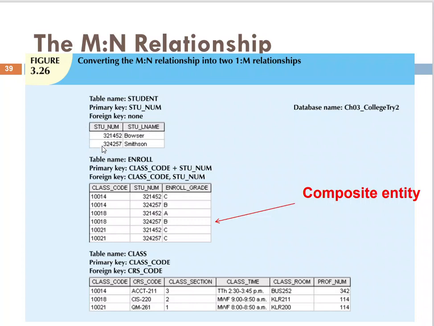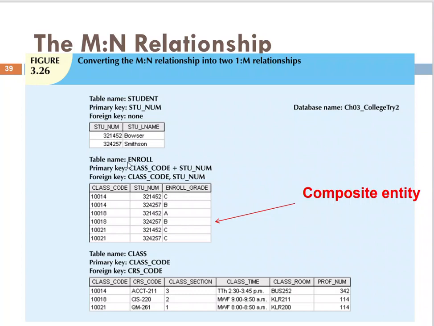Okay, hanya untuk menyimpan nombor pelajar dan nama pelajar. Then we have another table class, hanya menyimpan course code, class section, class time, classroom, professor number. Okay, dan foreign key dia adalah course code. Okay. Then kita ada satu table baru iaitu composite entity ataupun kita panggil juga sebagai bridge entity ataupun bridge sahaja.